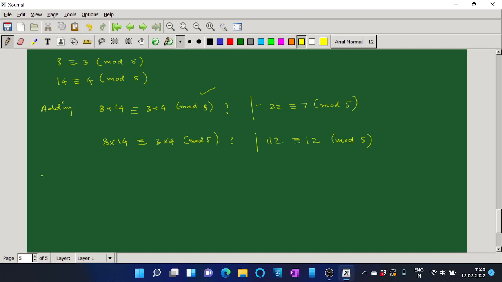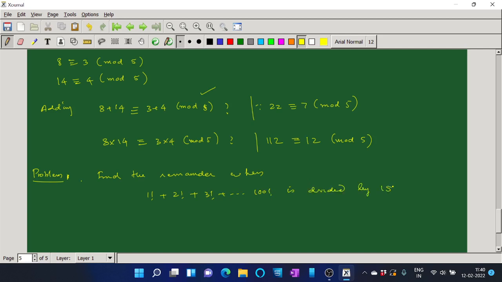Now, let us do one important problem here using this idea. Find the remainder when 1 factorial plus 2 factorial plus 3 factorial plus etc. plus 100 factorial is divided by 15.